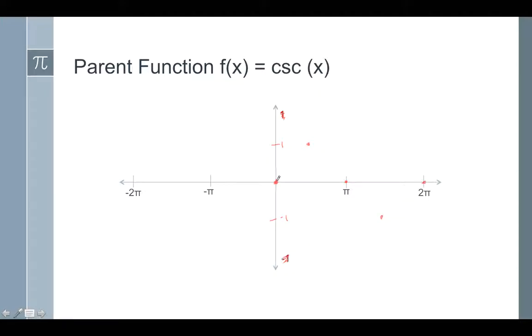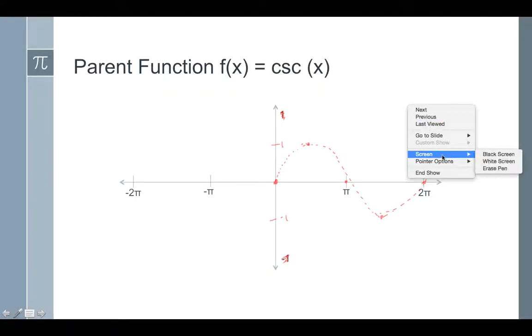And what we're going to do is just dash this in because it's not going to be actually part of my graph. This is a guide for my graph. You don't necessarily have to dash this in when you do your functions, but what I'd like to do is show the comparison between sine and cosecant.